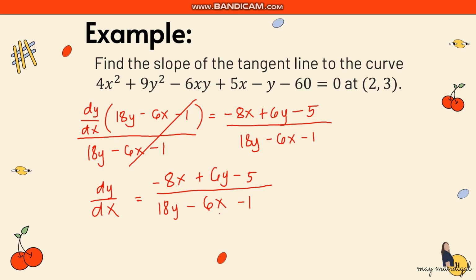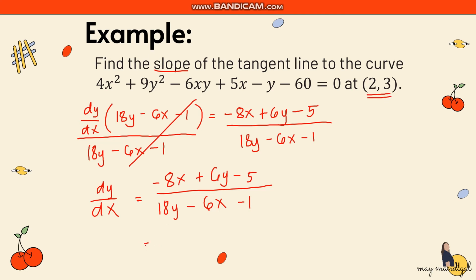Now, after getting the derivative, since what we need is the slope, we have to evaluate the derivative using the given point. Last time, we only used x because the only variable present was x. But since we already have the y variable as well, we will be using both values.